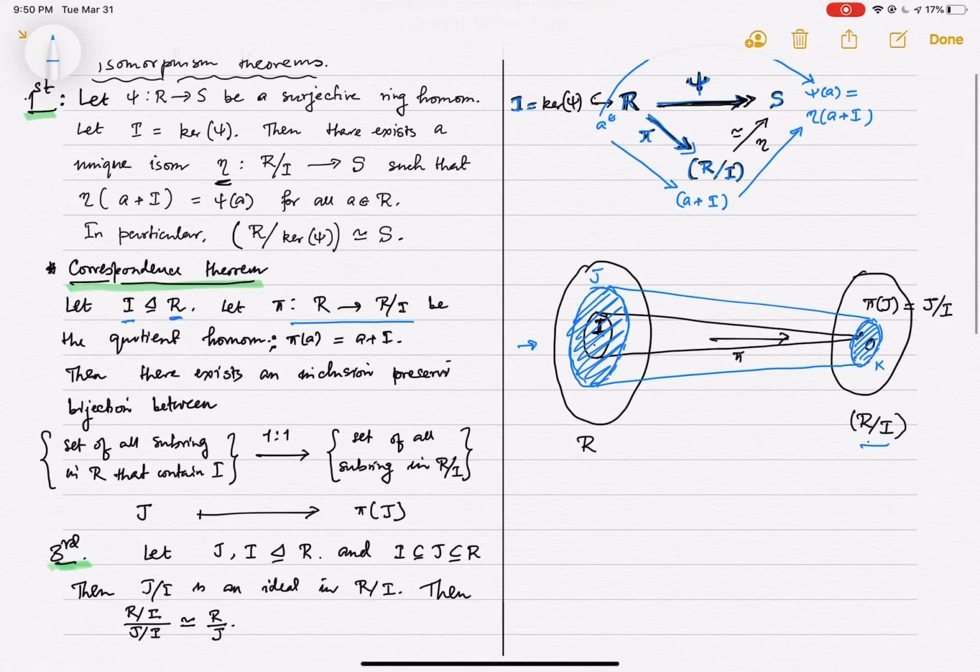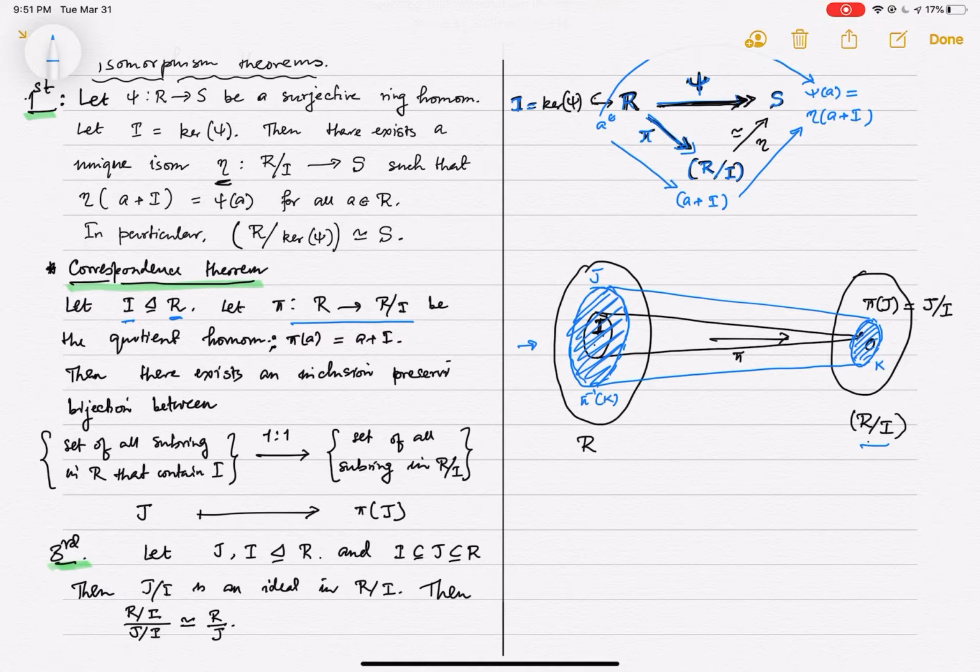I'll take all the elements in R that go into K under pi, and that's going to be an ideal in R that is going to contain I. And this sets up a one-to-one correspondence. It tells you that when you apply the quotient homomorphism, you forget the structure inside I, but you retain the ideal structure above I.